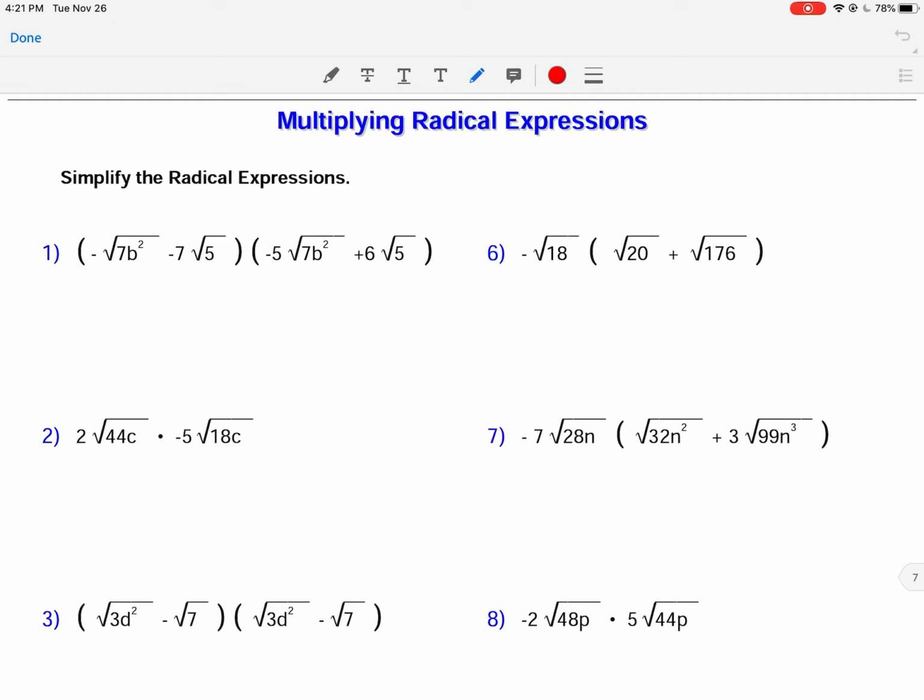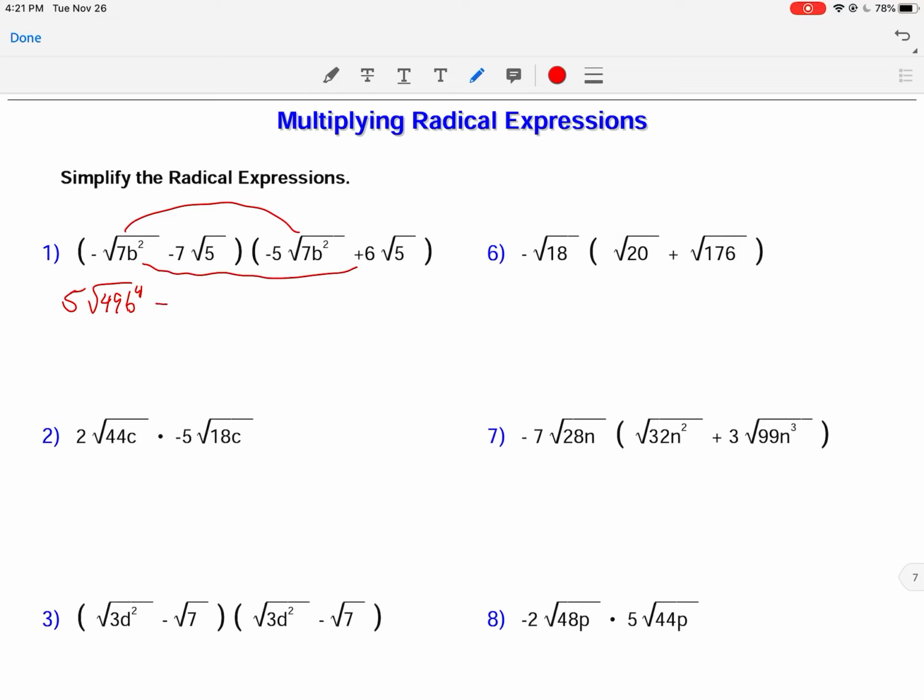When you multiply, that's a nice little FOIL situation we've got going on here. I'm just going to multiply it all first. This times that is negative, negative makes positive 5 square roots of 49b to the 4th.